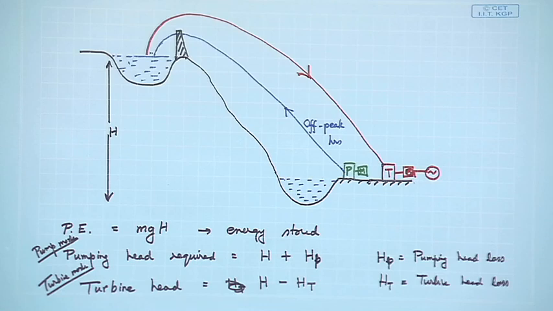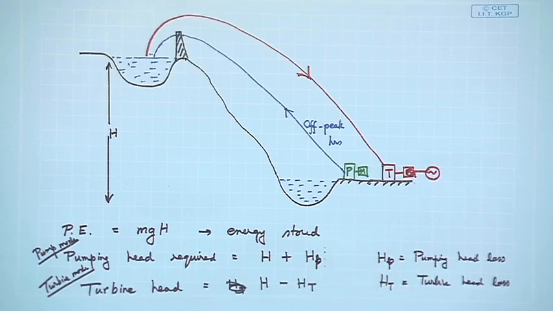Therefore, if you look at it, what is the turnaround efficiency? The turnaround efficiency is going to be mg(H minus HT) over mg(H plus HP). Clear?